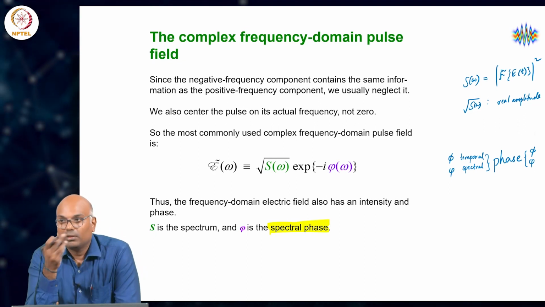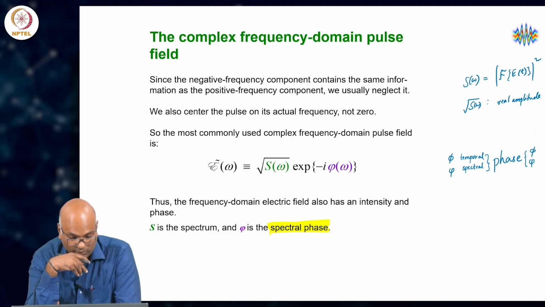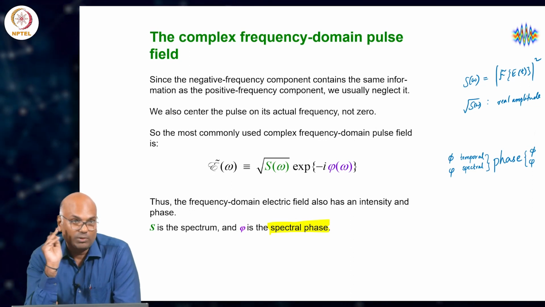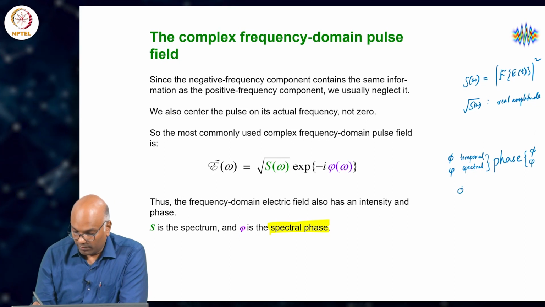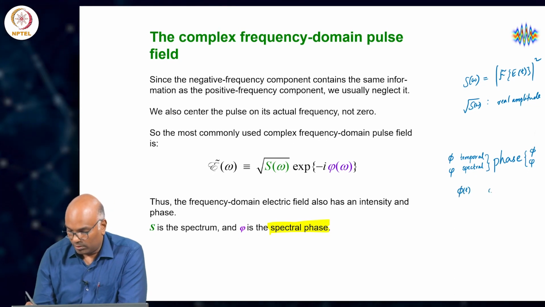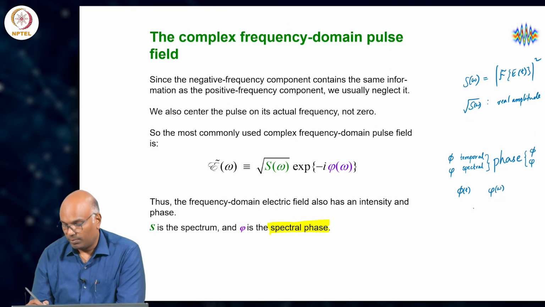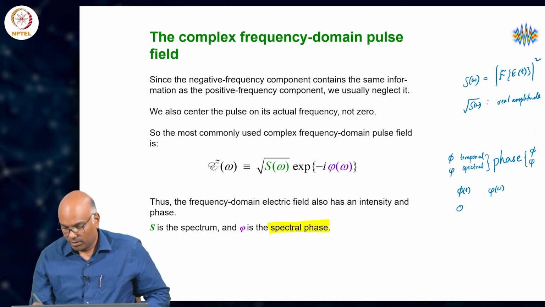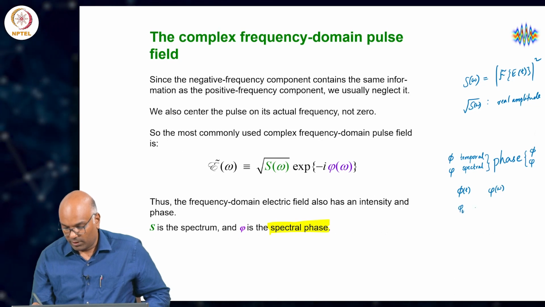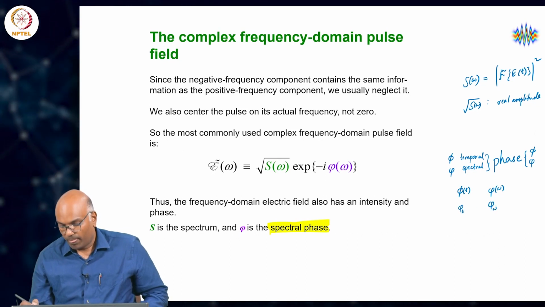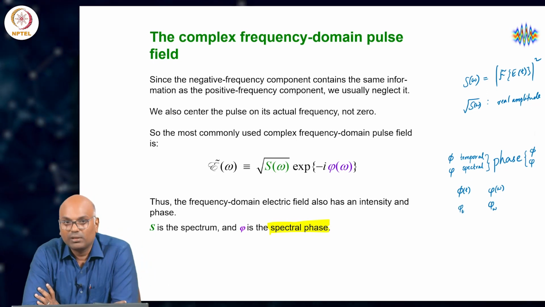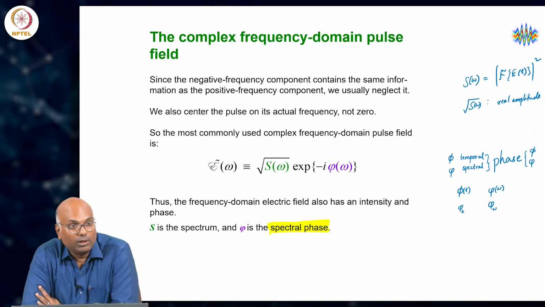Probably writing by hand, we may even accidentally swap the two. So I would advise you to be more specific, to kind of write it like this. Sometimes in some literature, you actually see people employing a subscript to designate a spectral versus a temporal phase, both of which are equally important.